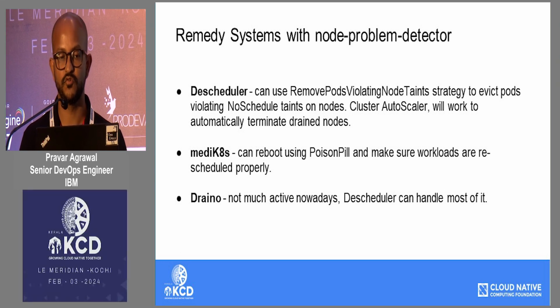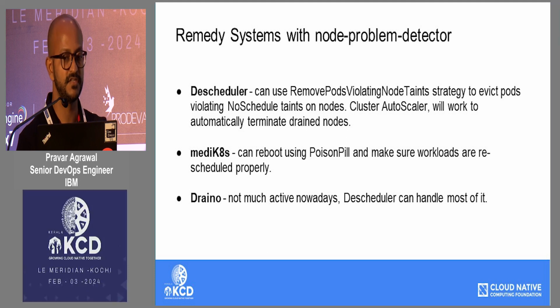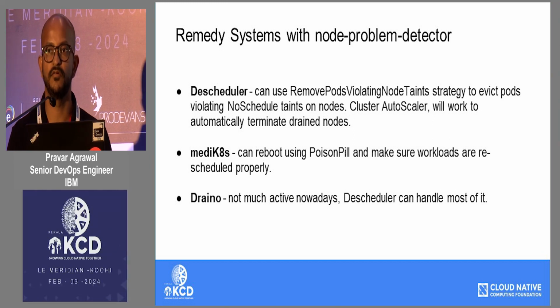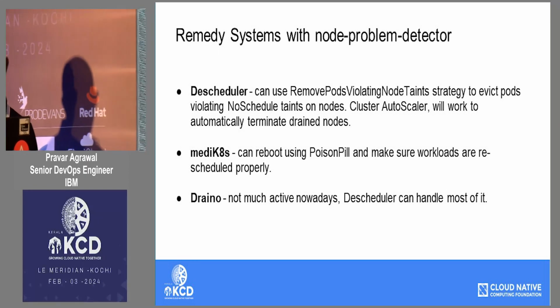So those conditions could be something like the one which is mentioned right now. It is called a strategy in terms of descheduler. One is remove pods violating node taints. If it finds pods which are violating the NoSchedule taints on a particular node, it will start evicting those pods.